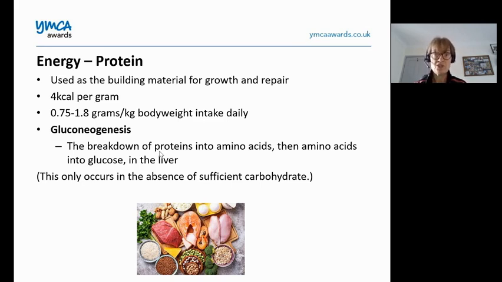So when there's insufficient carbohydrates left, once we start using protein, we're often looking at a breakdown of our muscle tissue. So it's one to be aware of. Gluconeogenesis, the breakdown of proteins into amino acids, then amino acids into glucose.